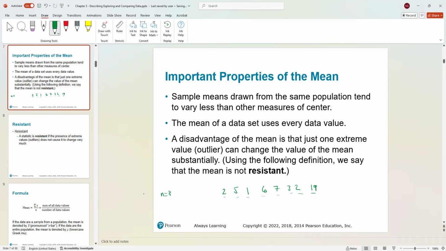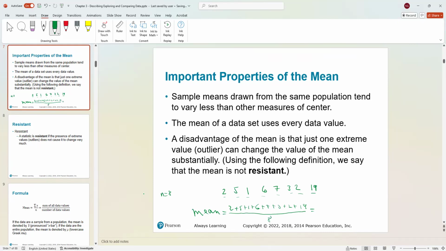Now, if I add all these data together, look at the mean. The mean in this case would be 2 plus 5 plus 1 plus 6 plus 7 plus 3 plus 2 plus 19, divided by 8.